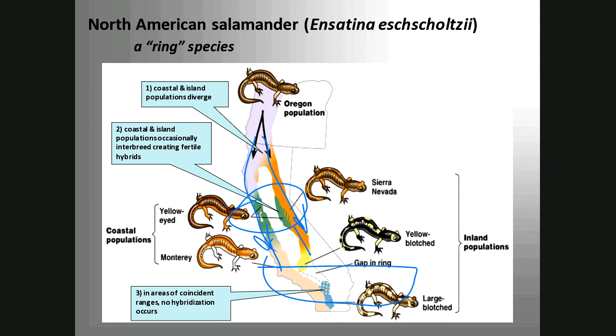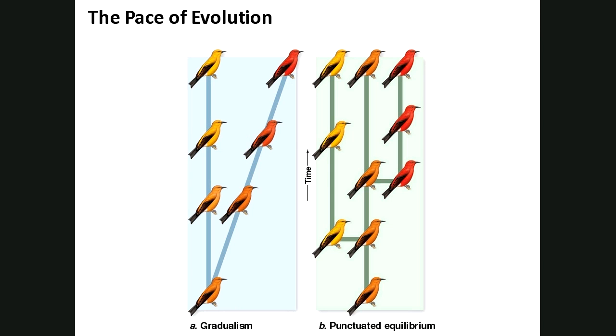So on the left-hand side is gradualism. We have this one species at the bottom, and through time it gradually evolves into two species at the top now, right? The other pace of evolution that Darwin wasn't familiar with is called punctuated equilibrium. And what punctuated equilibrium results in is something called cladogenesis. Cladogenesis literally means genesis, the creation of new species.